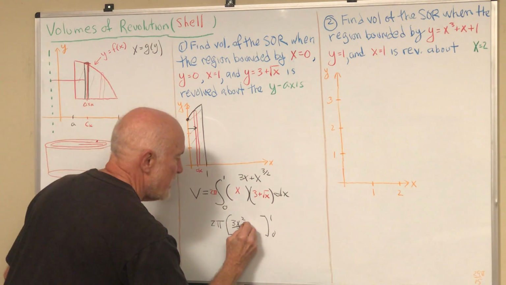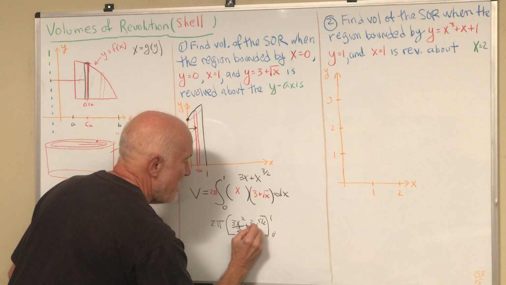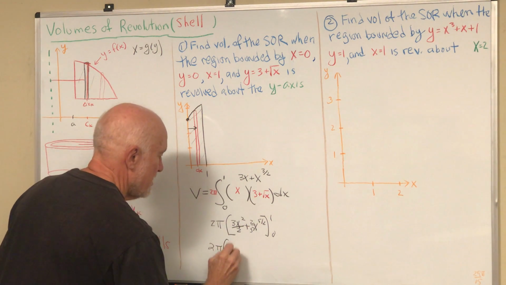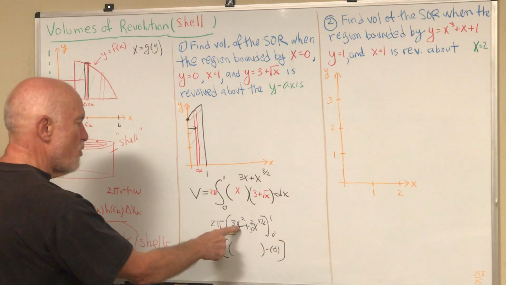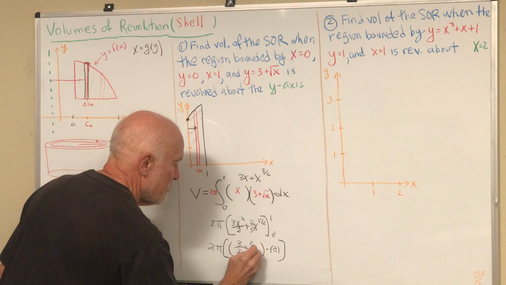And for x to the 3/2, it would be x to the 5/2 divided by 5/2, or times 2/5. Again, 0 is going to give us 0. 1 is going to give us 3/2 plus 2/5.